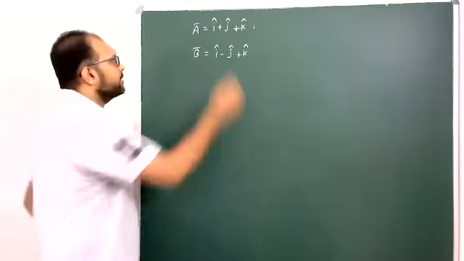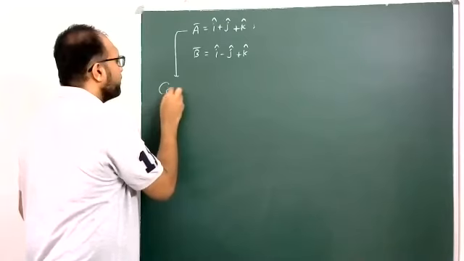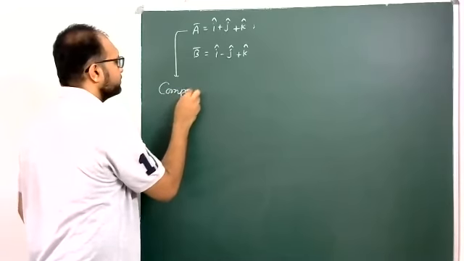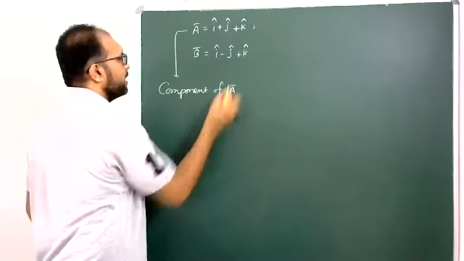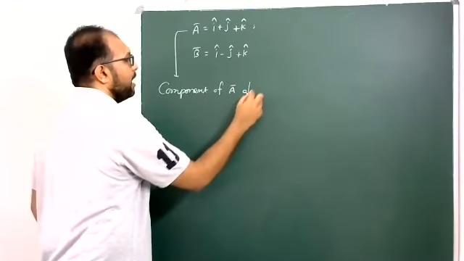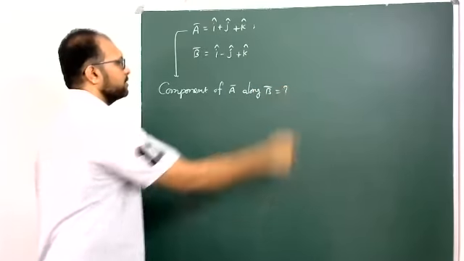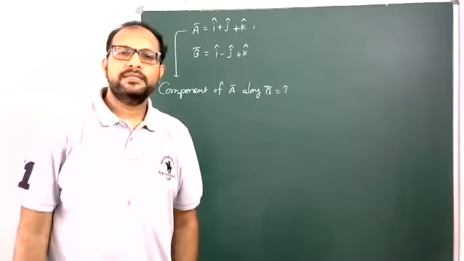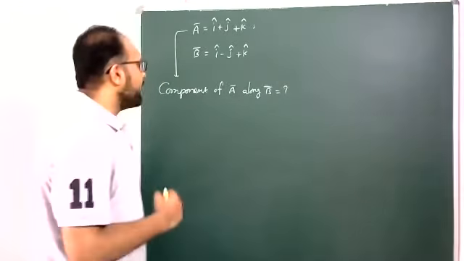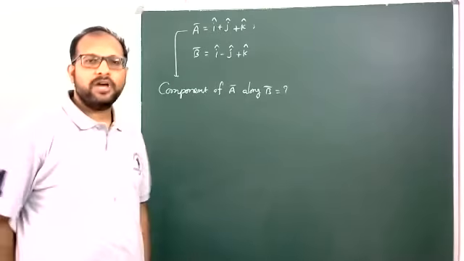The target is the component of A bar along B bar equal to question mark. Yes students, the component of A bar along B bar is now the target.